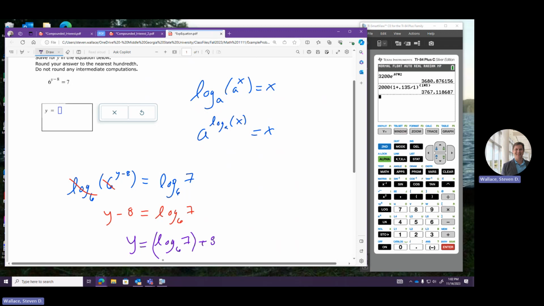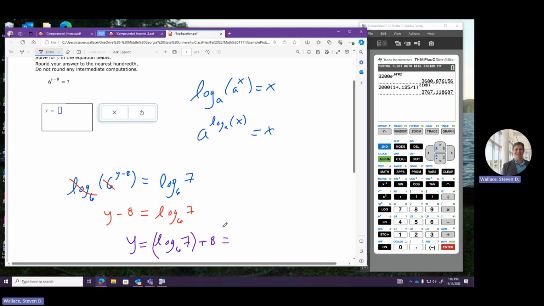Now, this log base 6 of 7 is just a number. Now, your calculator, based on what kind you have, might allow you to do that. But most calculators and the ALEKS calculator do not have a general base. So you have to change the base.